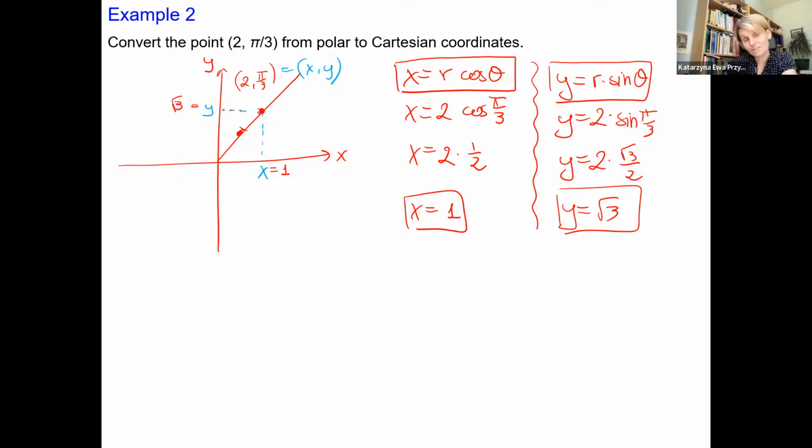Actually, converting from polar to Cartesian is, I would say, a little bit easier, because the output, the Cartesian coordinates, is only one pair. The other way, we know that we have infinitely many polar representations of one point.